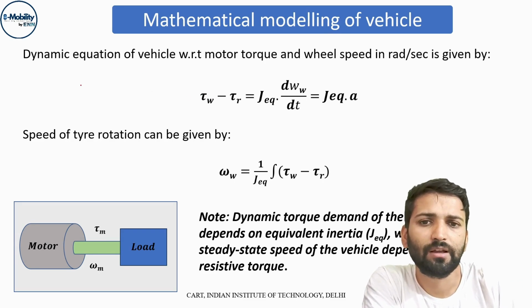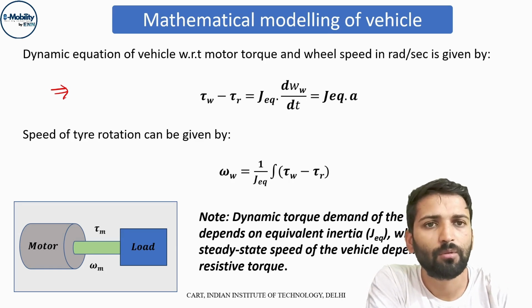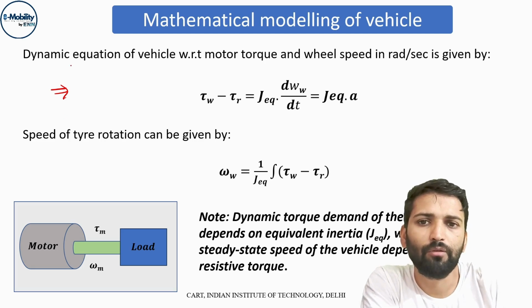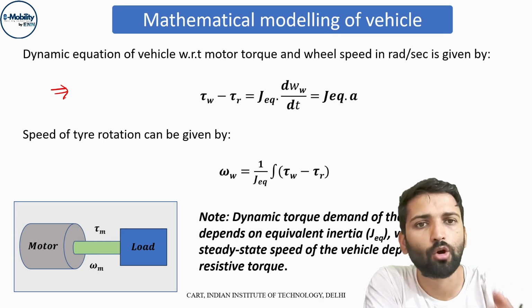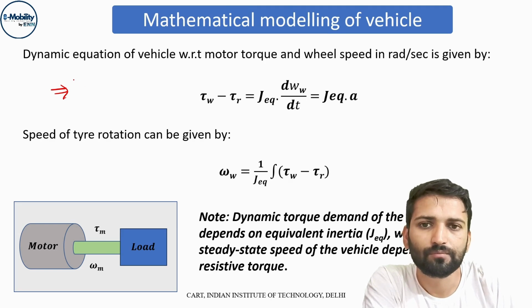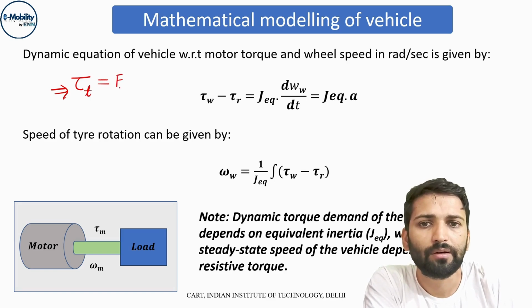Because everything we will be talking about is rotational motion, not linear motion, we will talk about torque instead of forces. The vehicle movement, or the tire movement, is a rotational movement. There are two types of torque. One is the tractive torque, which is tractive force into the radius of the wheel.